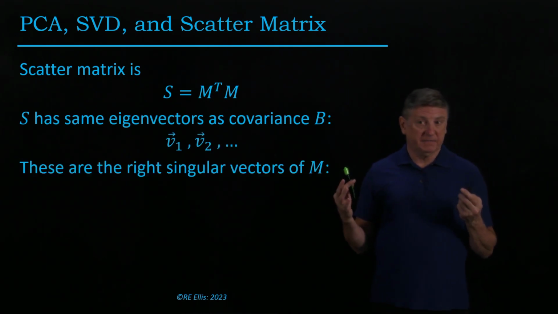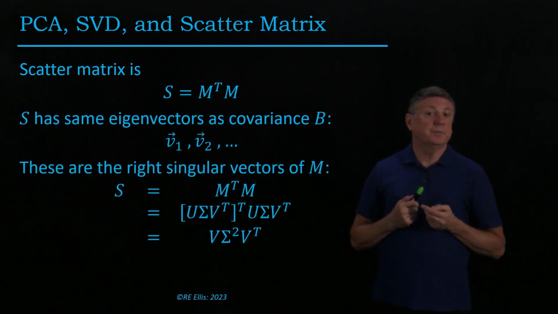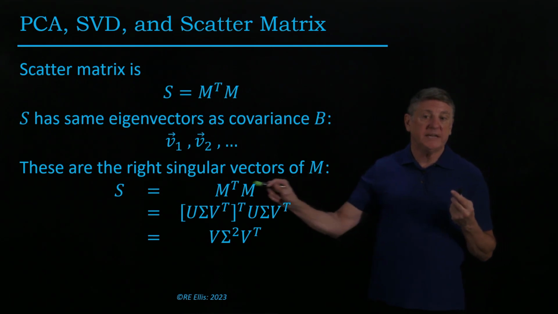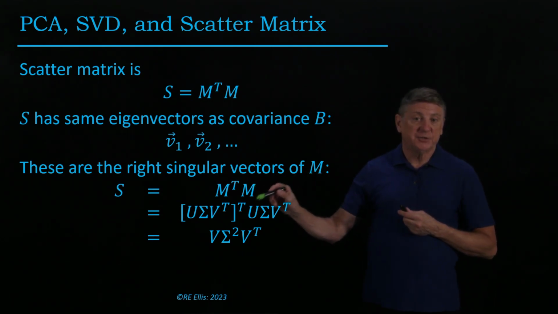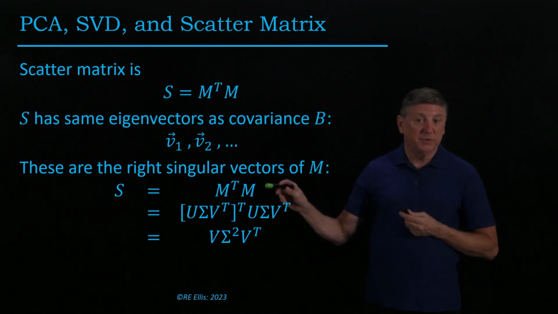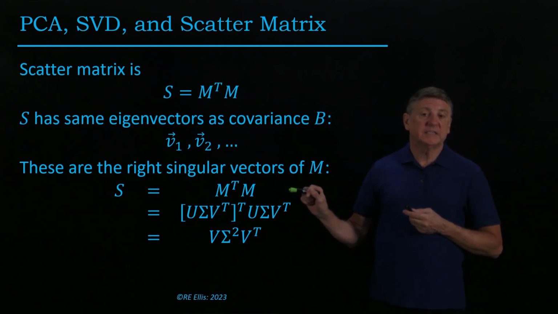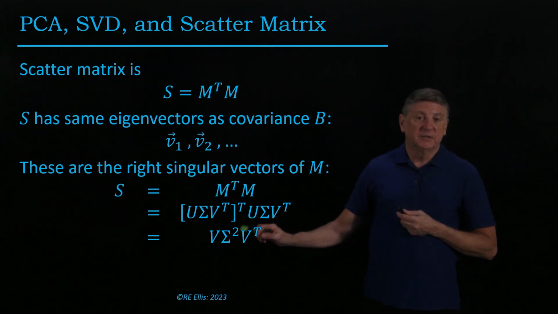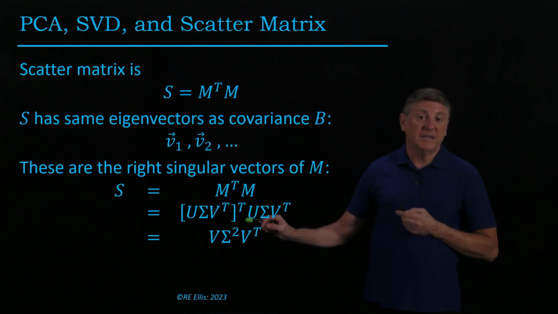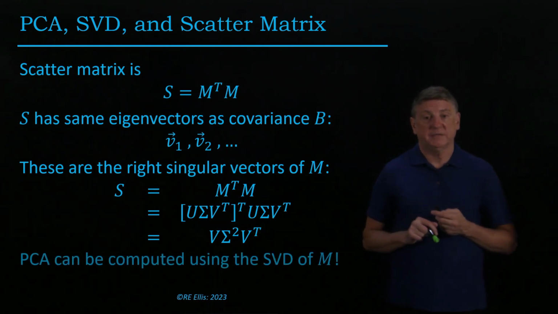It has the same eigenvectors, and these turn out to be the right singular vectors. If we take M and perform its singular value decomposition as U sigma V transpose, and then do the multiplication, we can see that the scatter matrix is this. And so the squares of the singular values of our zero mean matrix are the eigenvalues of the scatter matrix.